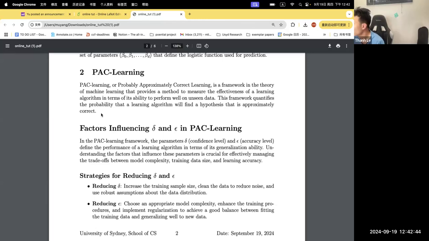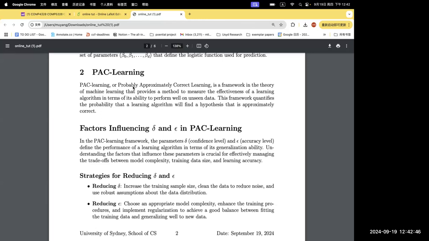That is why we only want to give a statement about how probable our learning algorithm is to be correct, given an error margin. So that is the reason why we have PAC learning. It provides this degree of freedom in our statements when we state how correct our learning algorithms are.